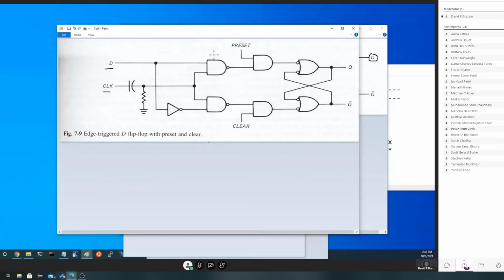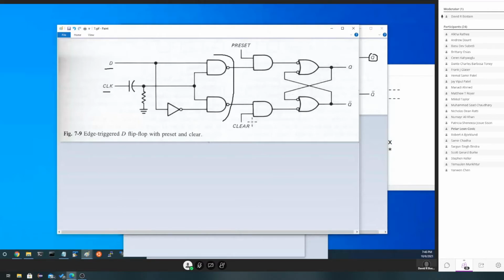However, if I draw a little line here, preset and clear can be made to work as though it were a latch without a clock. So I can cause Q to become set right now, not with respect to the clock, but right now by raising preset. I can make Q go to a 0 right now.